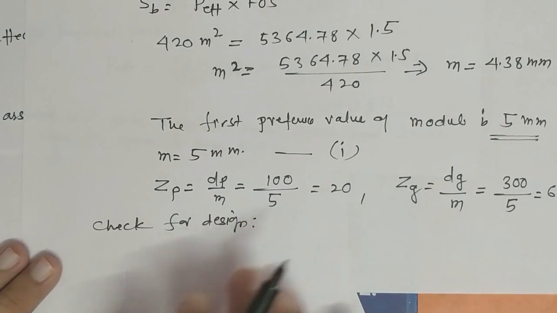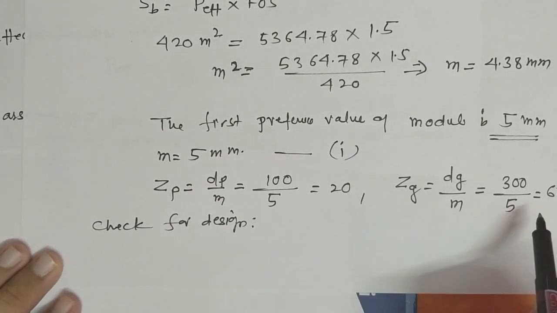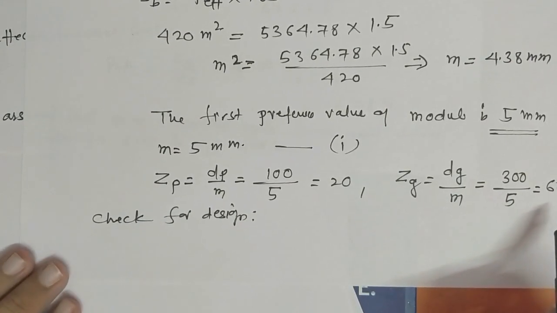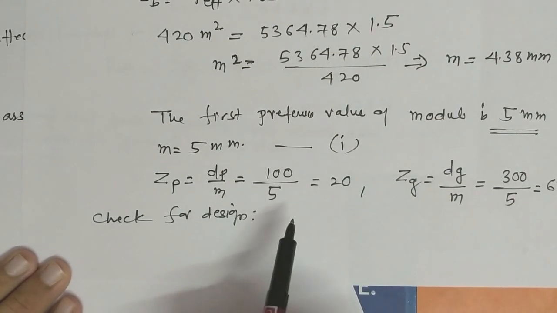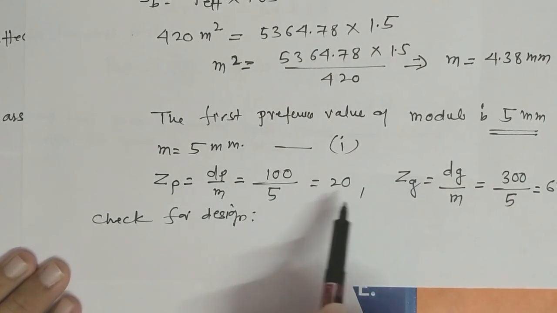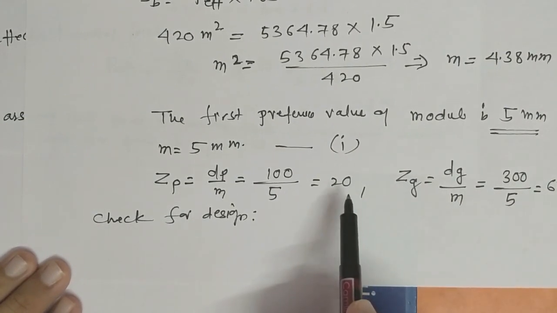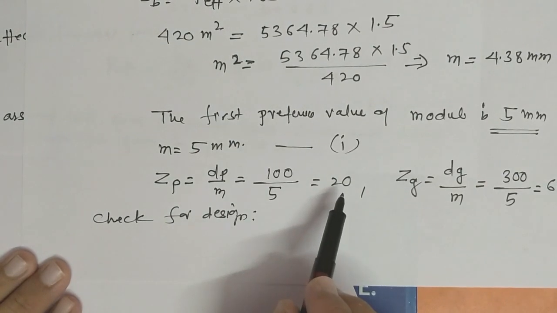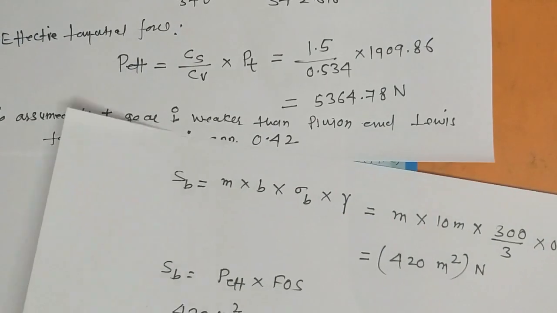So now we know the exact number of teeth on the pinion and the exact number of teeth on the gear. Now we'll refer to the table where the Lewis form factor is provided according to the number of teeth on pinion and gear. Earlier we assumed that the Lewis form factor is 0.42.